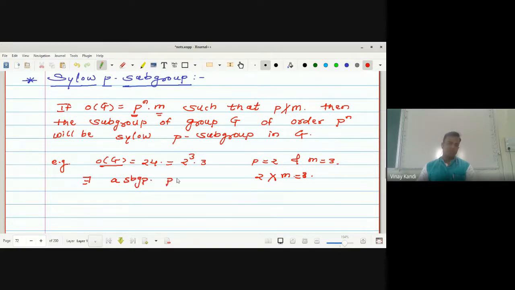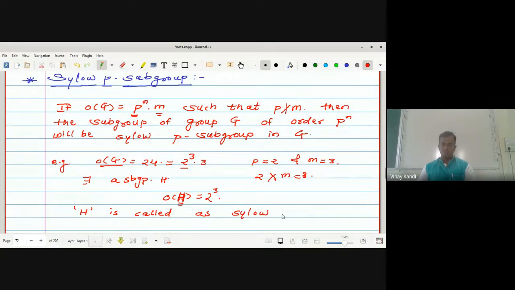A subgroup H exists such that the order of that subgroup H is equal to 2 cube, and this H is called a Sylow 2 subgroup.